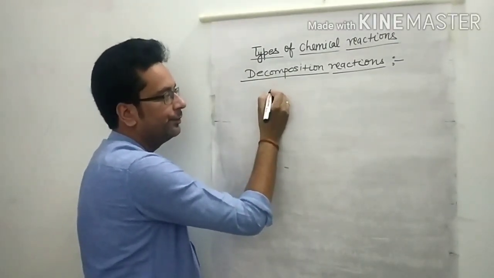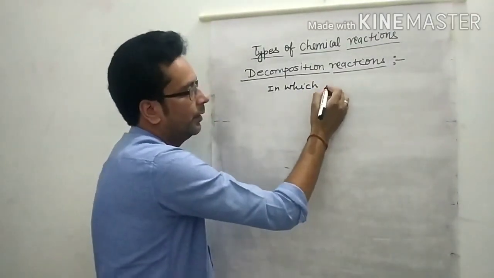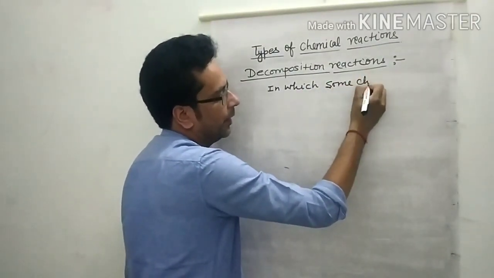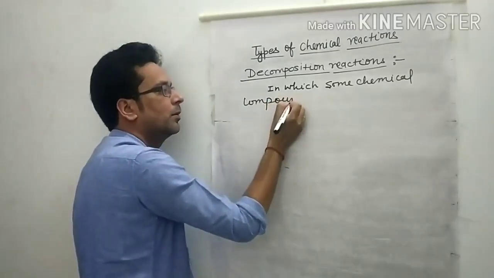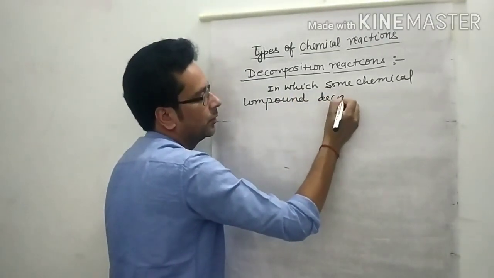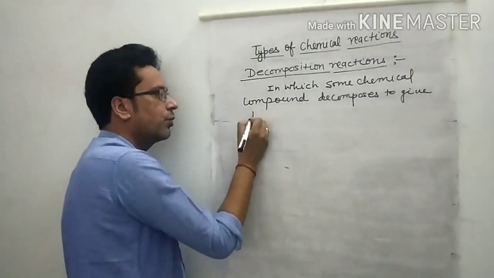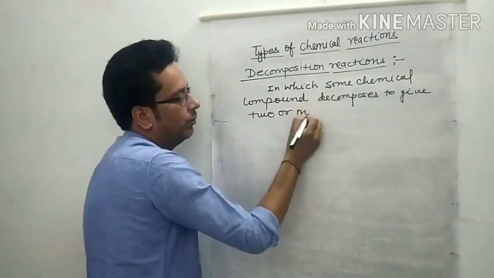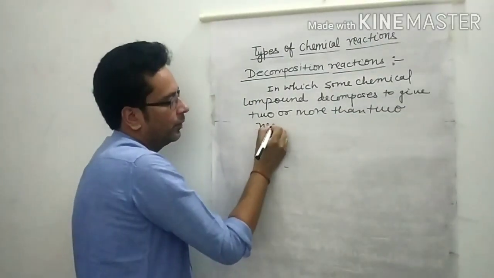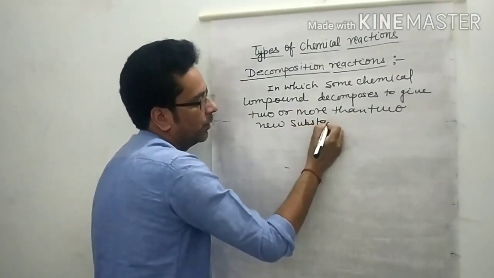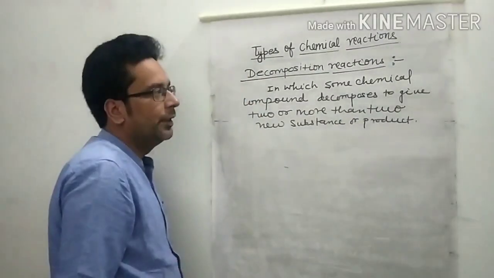A type of reaction in which some chemical compound decomposes to give two or more than two new substances or products is known as decomposition reaction.